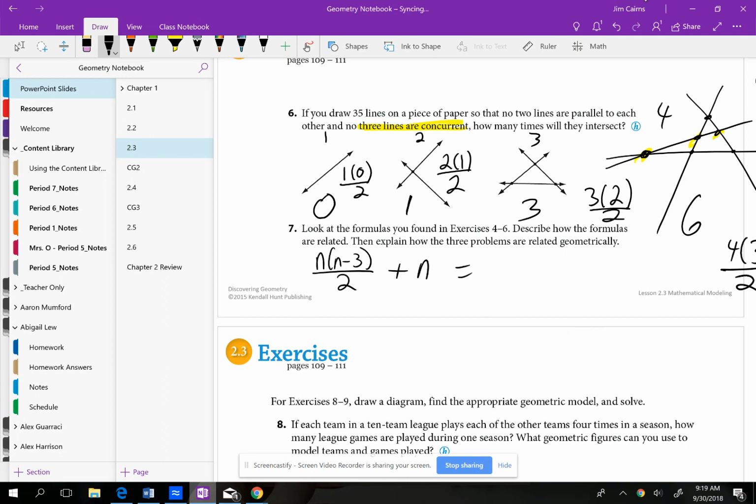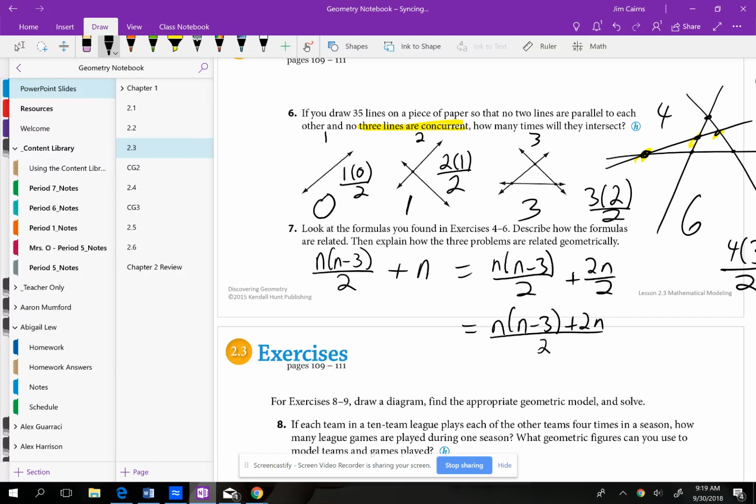Well, in order to add fractions, I have to keep the denominators the same. And so we go n times n minus 3 over 2 plus 2n over 2, which is equal to n times n minus 3 plus 2n all over 2.